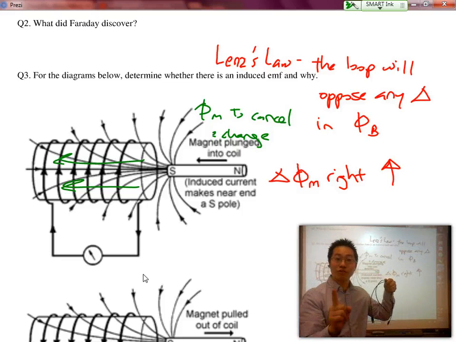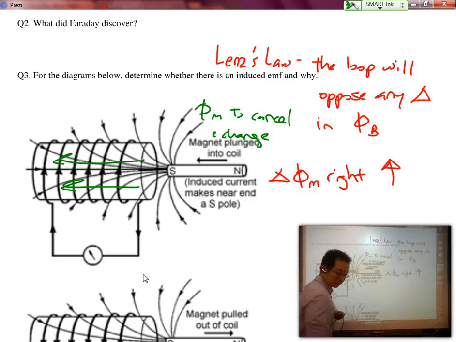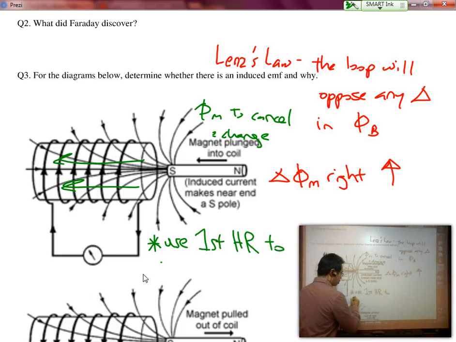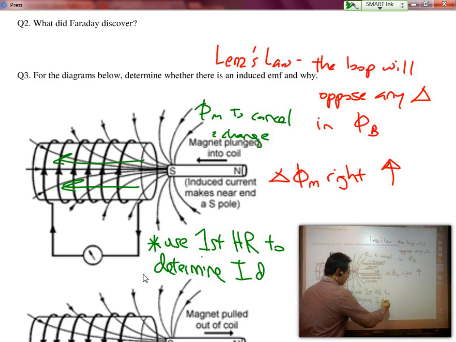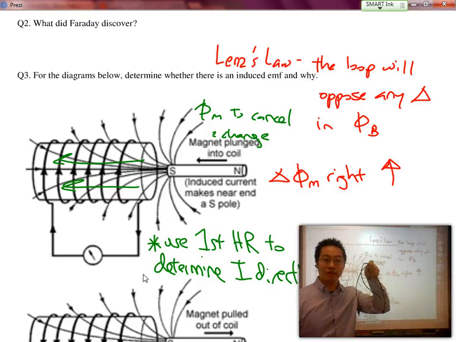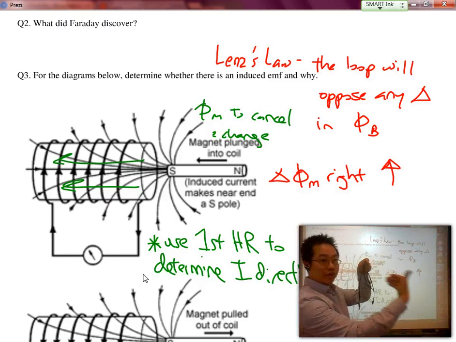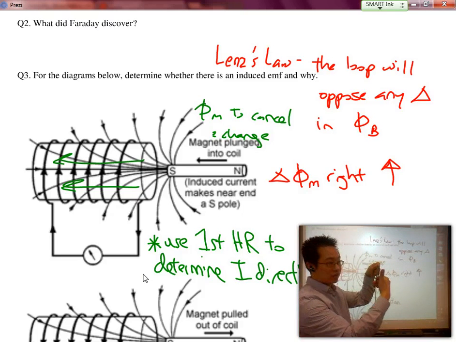I'll make a note of that: use the first hand rule to determine the current direction. So in this case, I know the field is going to the left.